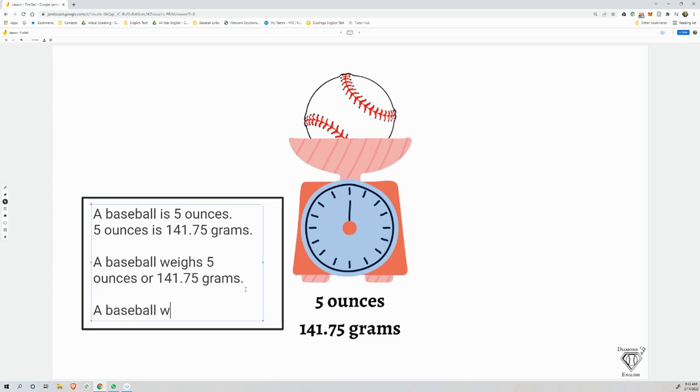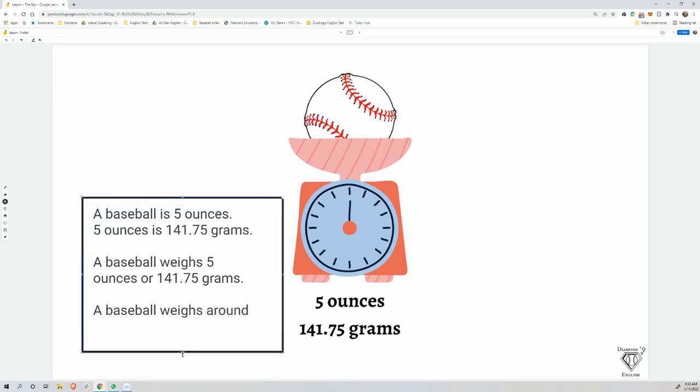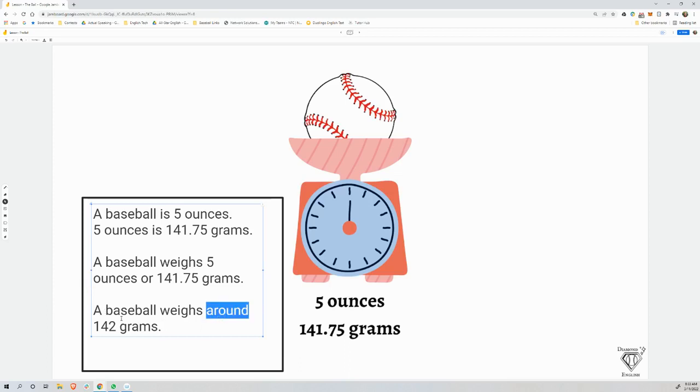A baseball weighs around 142 grams. Okay, around 142 grams. You can also say a baseball weighs around 140 grams, or a baseball weighs around 145 grams.